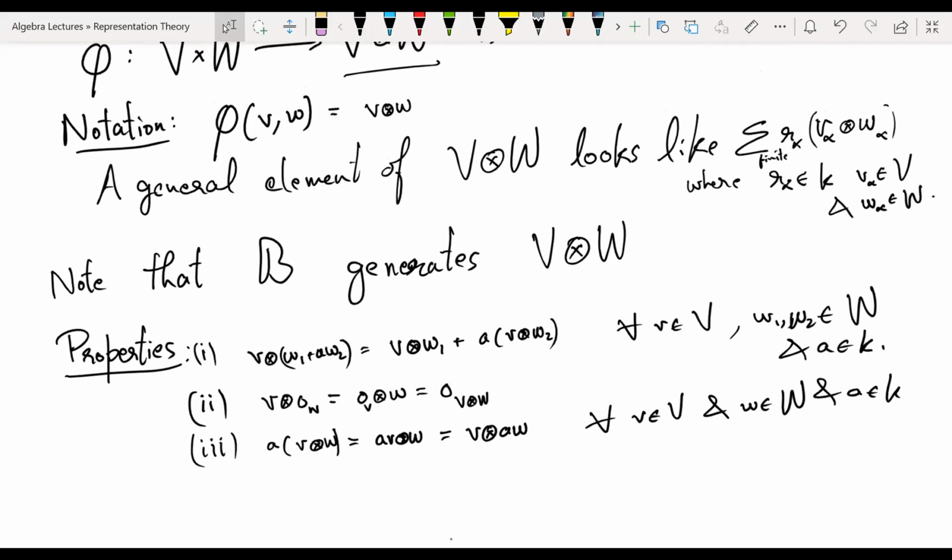This is just the translation of phi being bilinear into this new notation.